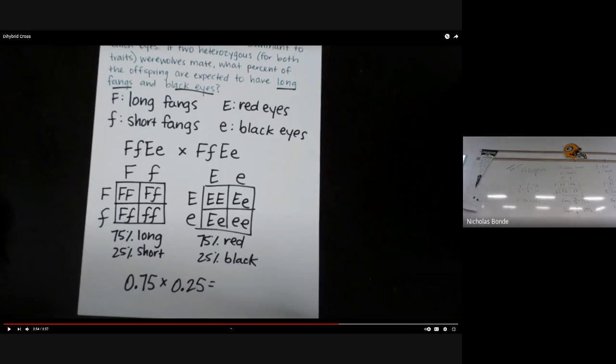What's that get you? 0.1875, right? Which equals 18.75%. Here's the deal. If I ask for a percent, I probably will want you to turn that fraction into a percent. There's some advantages to doing the fraction, though. We'll have her go through the problem, and then I'll show you how to do a ratio of all the different phenotypes. Okay, but I'll show you that once we actually finish this.